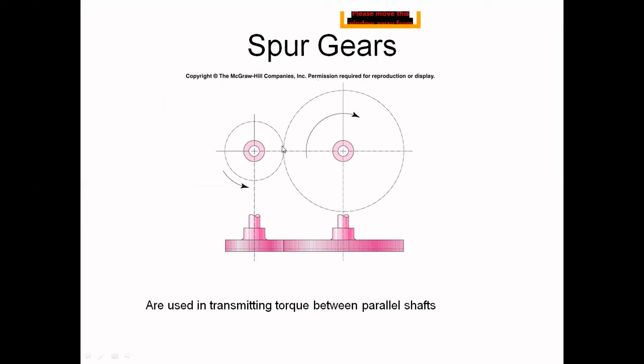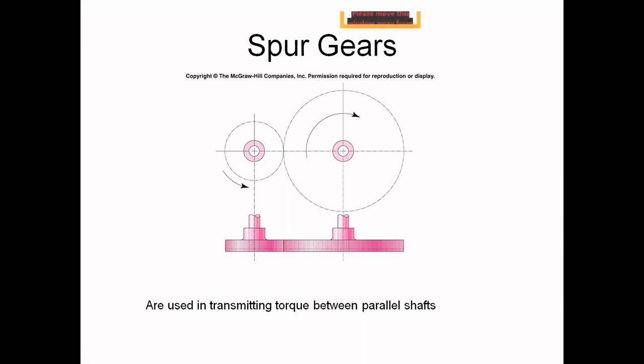The circles touch here. That means there is meshing of teeth of the gears to each other for transmitting the power from this shaft to this shaft.